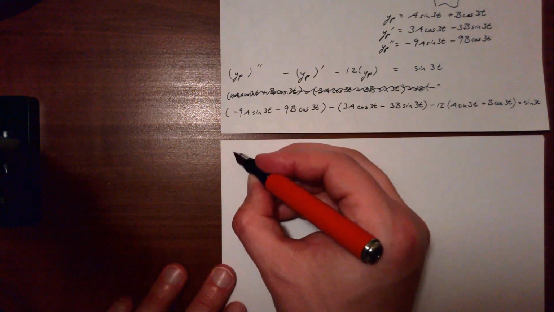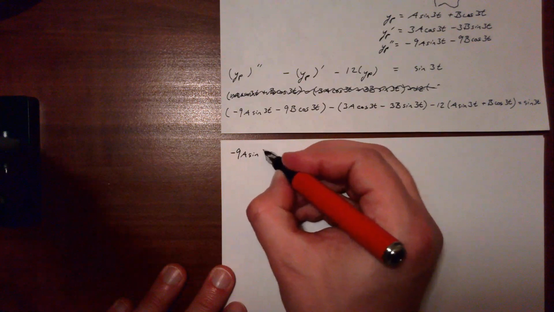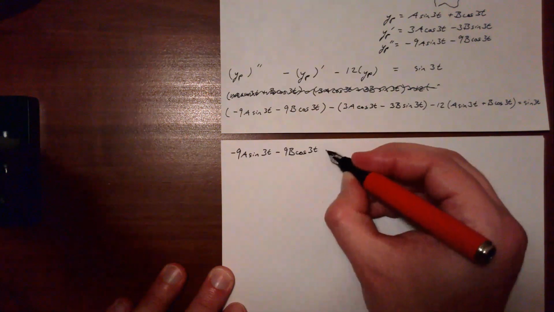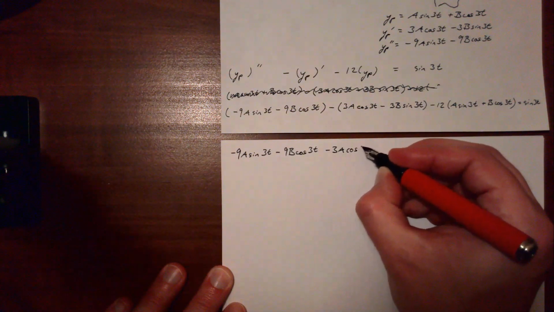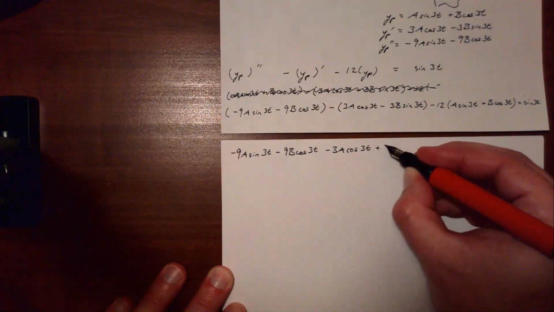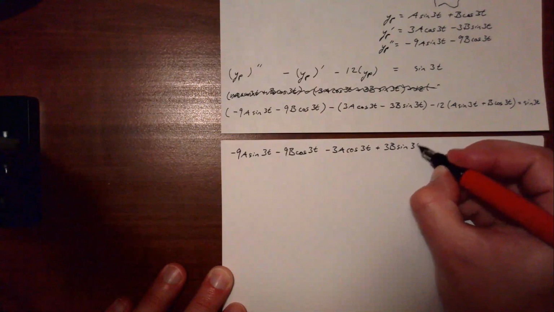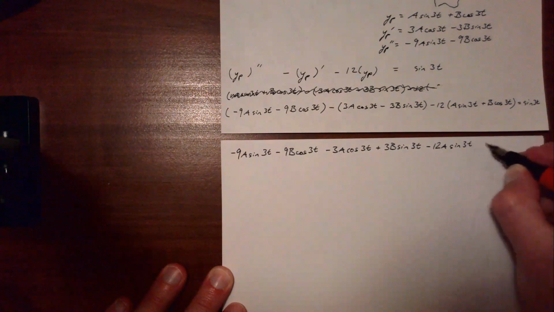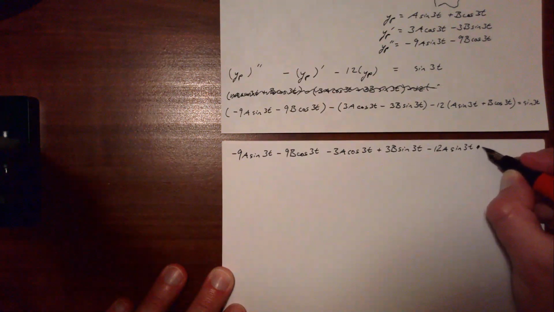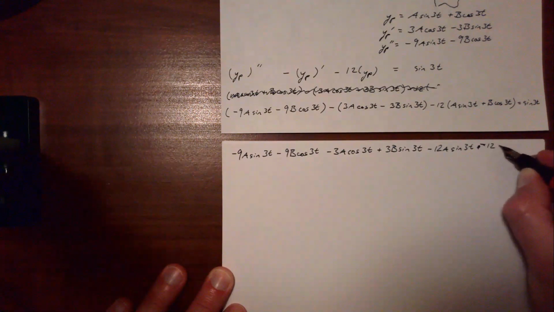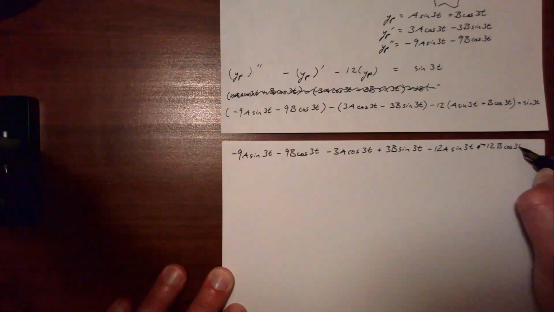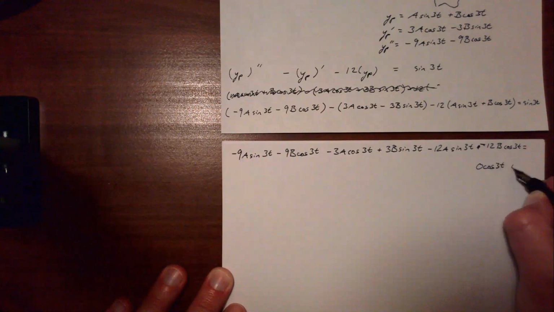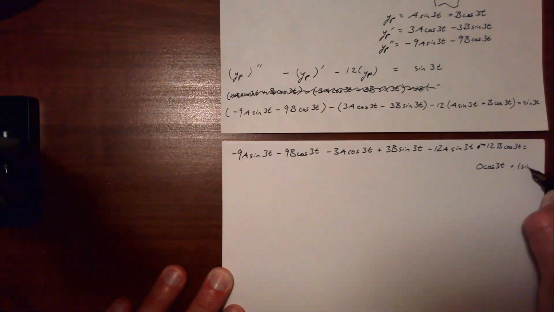So let's see, negative 9a sine 3t minus 9b cosine 3t minus 3a cosine 3t plus 3b sine 3t minus 12a sine 3t minus 12b cosine 3t is equal to 0 cosine 3t plus 1 sine 3t.